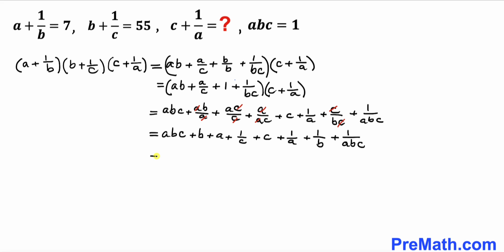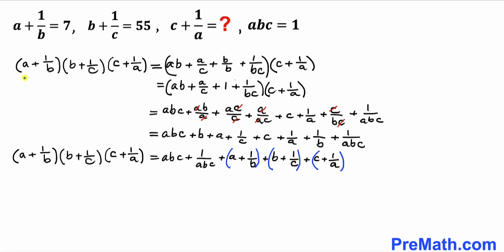So we are going to get a b c plus 1 divided by a times b times c plus a plus 1 divided by b plus b plus 1 divided by c plus c plus 1 divided by a. Now let me put parentheses around these: a plus 1 divided by b, b plus 1 divided by c, and finally c plus 1 divided by a. It doesn't make any difference whatsoever.